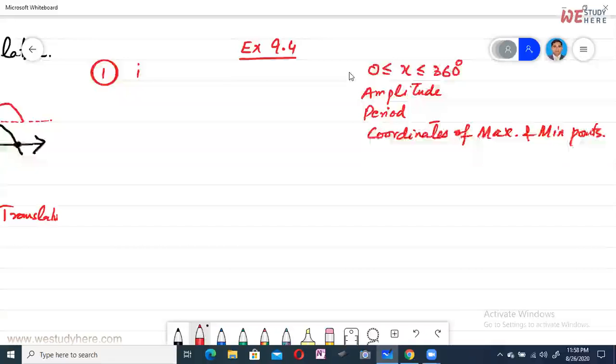The first part is y equal to f of x equal to 7 cos x.